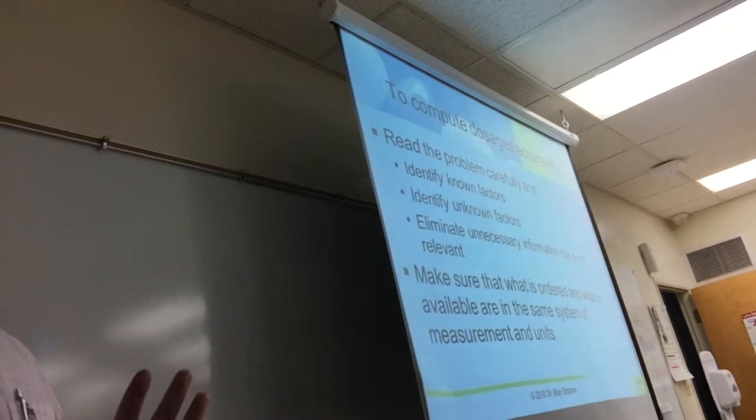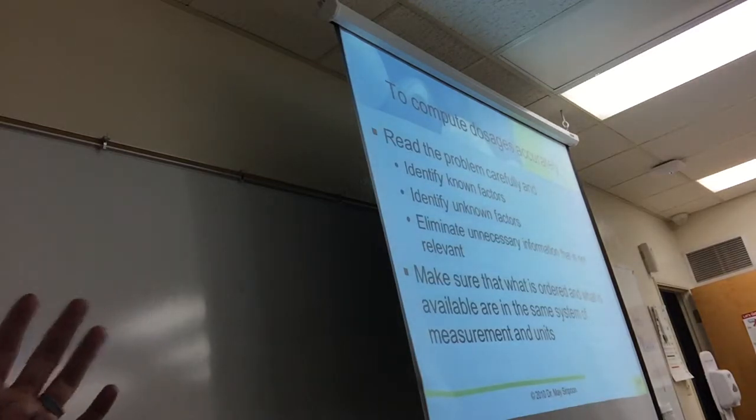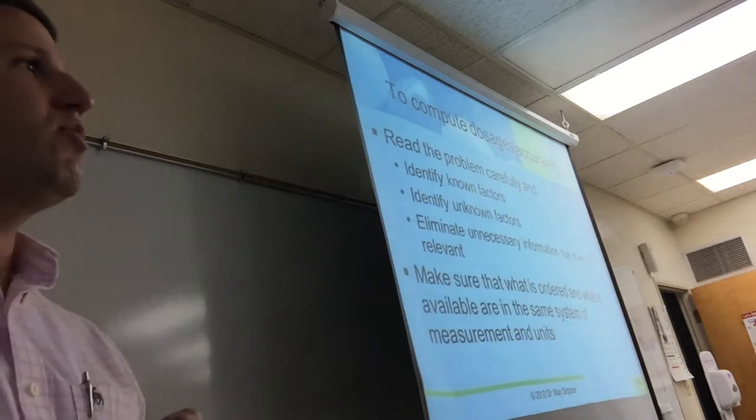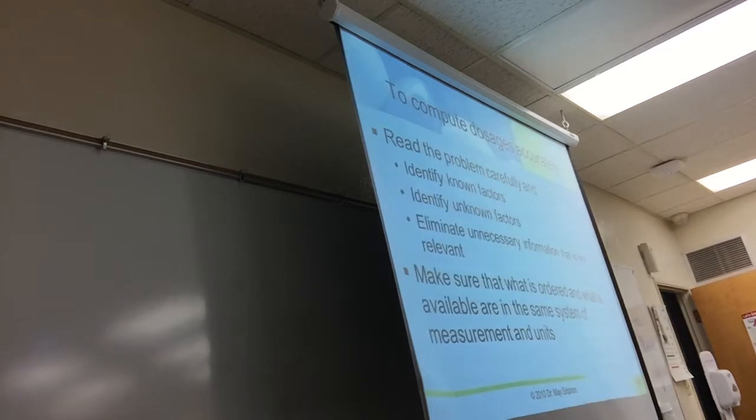To compute doses accurately, make sure that you read the problem carefully and identify the known factors first, then identify what you need to solve for, the unknown factors, and then look at what actually matters. You're going to start seeing more and more distracting information in your problems, aka real life.